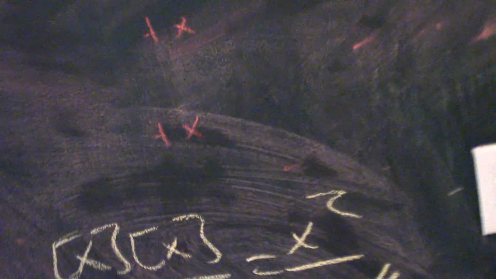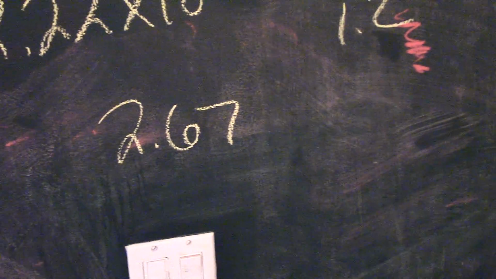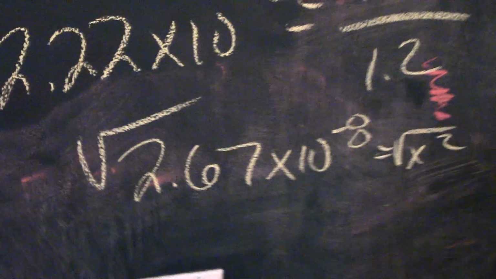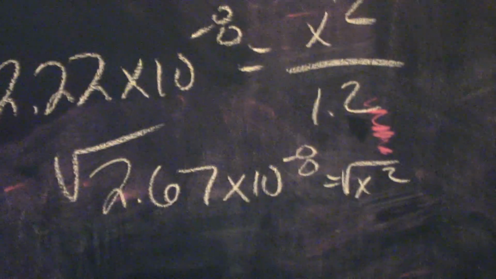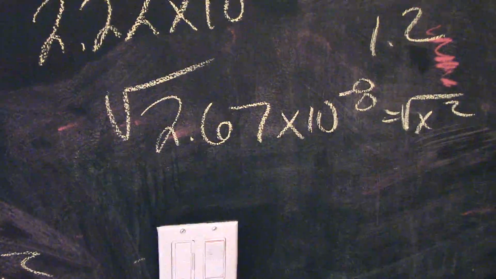When I rearrange to solve, this is going to be 2.67 times 10 to the negative 8, and that equals x squared, and the square root of this is going to equal x. So that's going to be 1.63 times 10 to the negative 4 equals x.